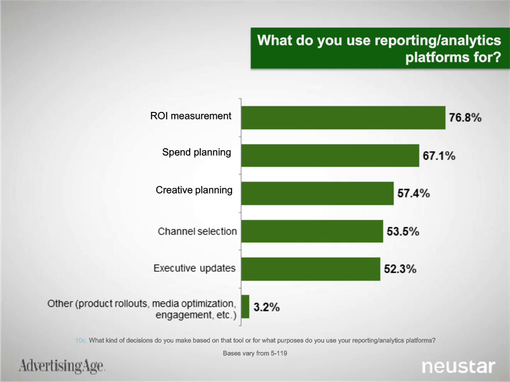And as monies are moving to digital, there's now this impetus for CMOs to be able to give metrics around efficiency in their spend, why they're spending on certain channels and why they're spending with certain types of campaigns. And so being able to make sure that there's ROI measurement is obviously key, and then that trickles down into how you correlate it to spend planning and how you correlate it to the creative planning process as well.